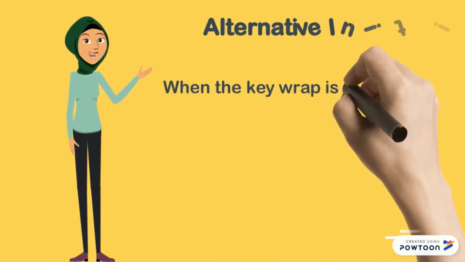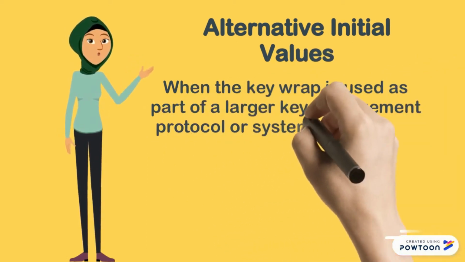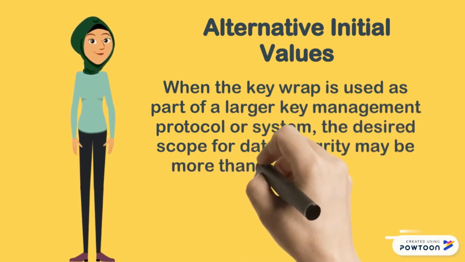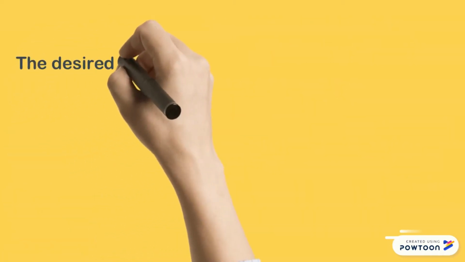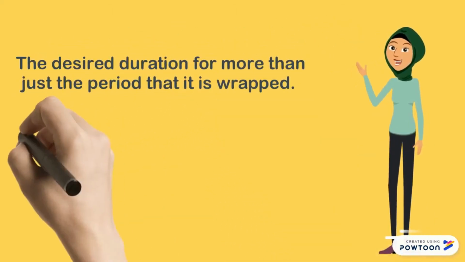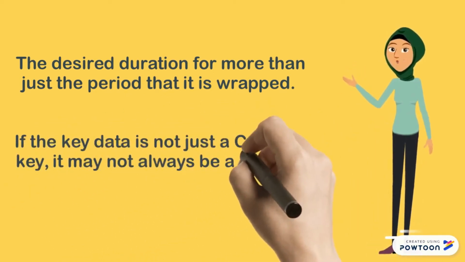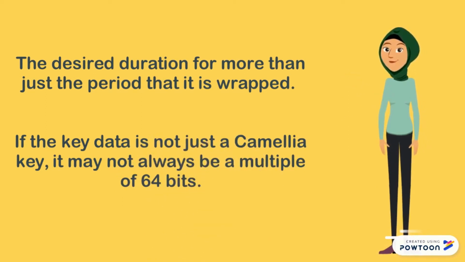When the key wrap is used as a part of a larger key management protocol or system, the desired scope for data integrity may be more than just the key data, or the desired duration may be for more than just the period that it is wrapped. Also, if the key data is not just a Camellia key, it may not always be a multiple of 64 bits.